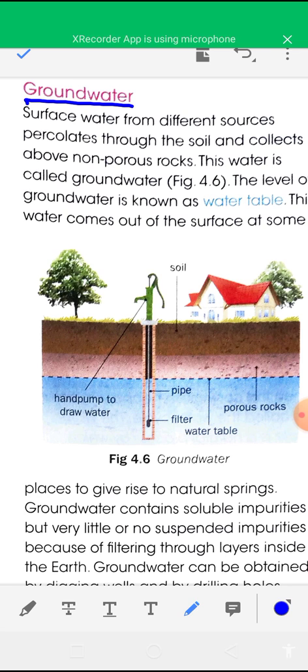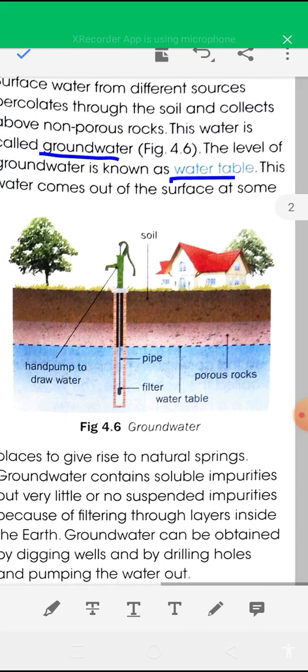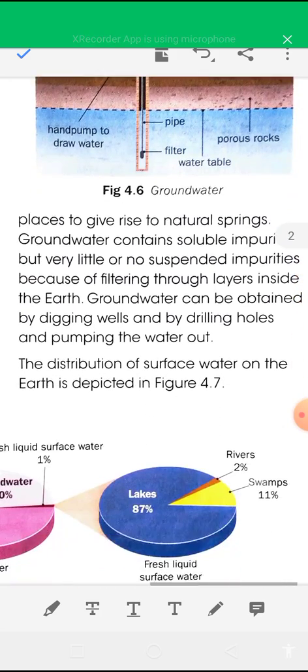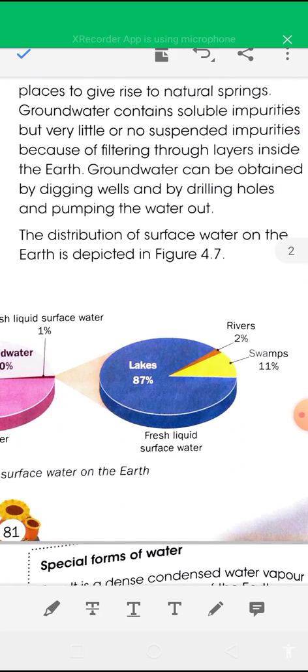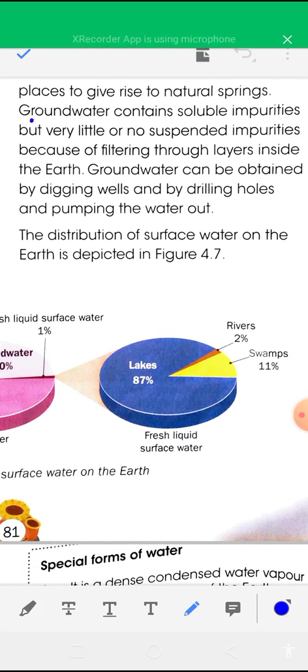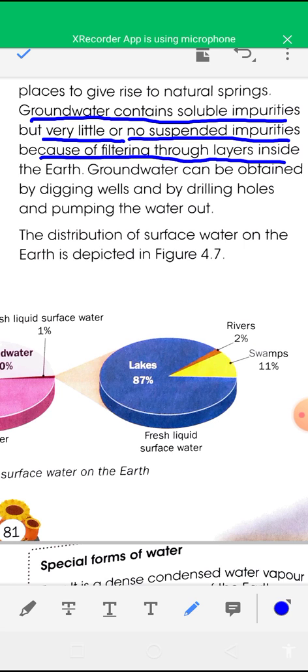This water is called groundwater, and the level of groundwater is known as the water table. Groundwater contains soluble impurities but very little or no suspended impurities because of filtering through different layers inside the earth.